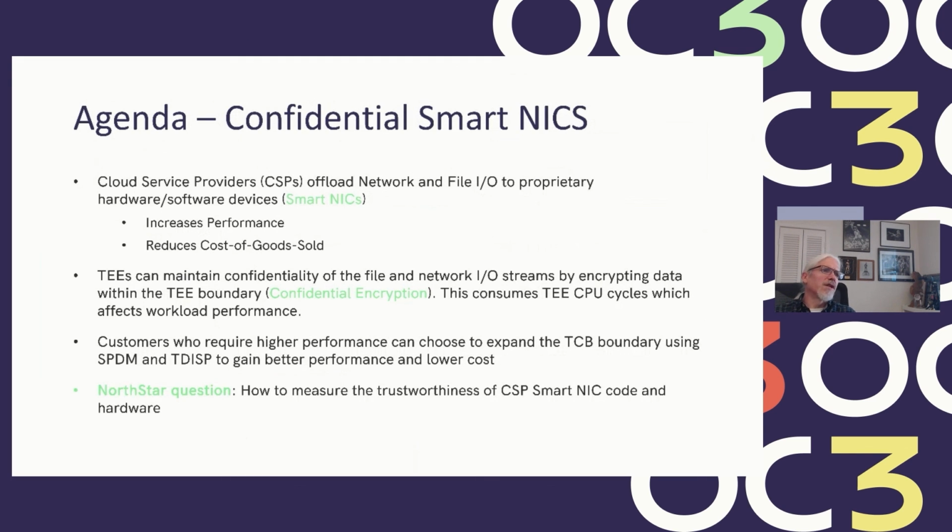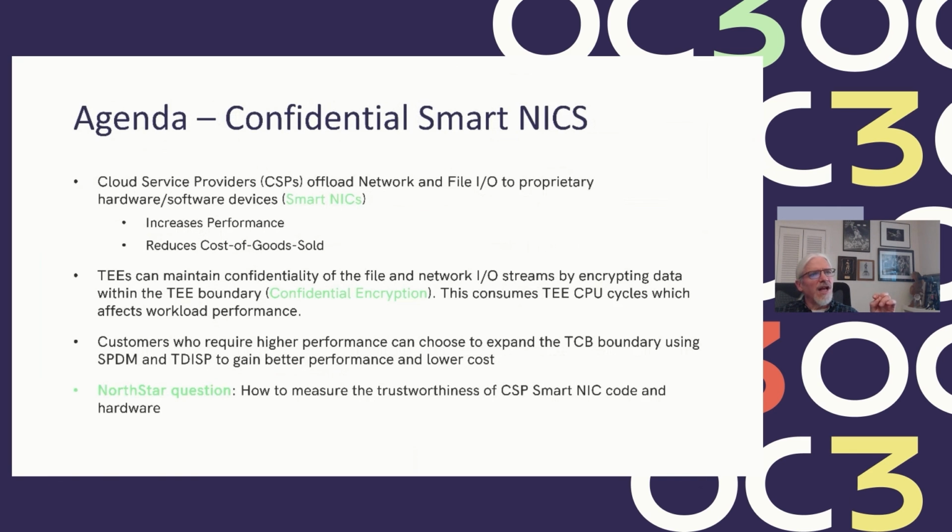All right, so I wanted to come back to my agenda and review it. Cloud service providers offload network and file system I/O to proprietary hardware and software devices, SmartNICs, and the main benefit of this is it increases performance and reduces the cost of goods sold.